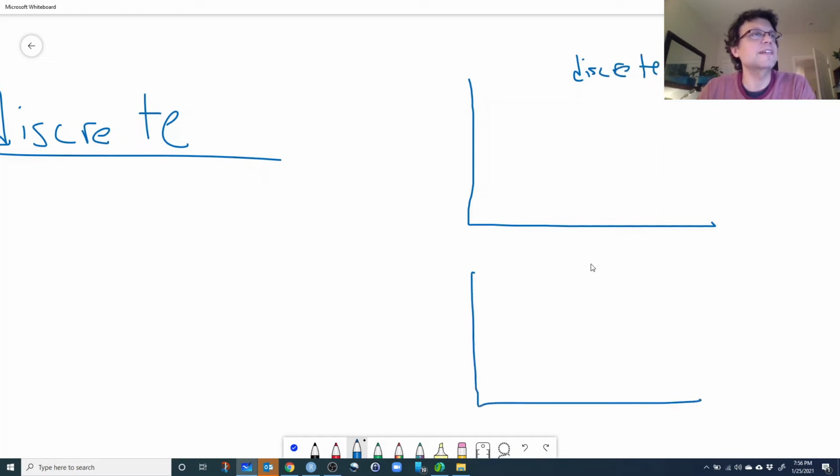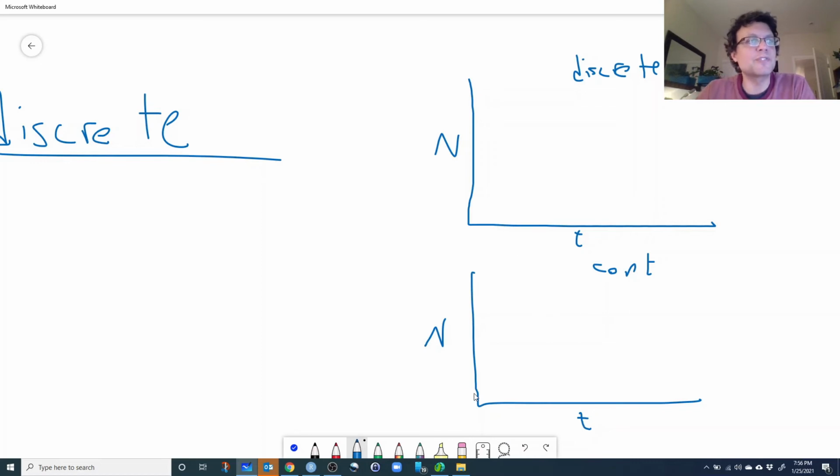Let's just do that here, and I'll represent continuous. In both cases, we're modeling population growth or abundance over time. So we have abundance on the y-axis, and we have time on the x-axis.